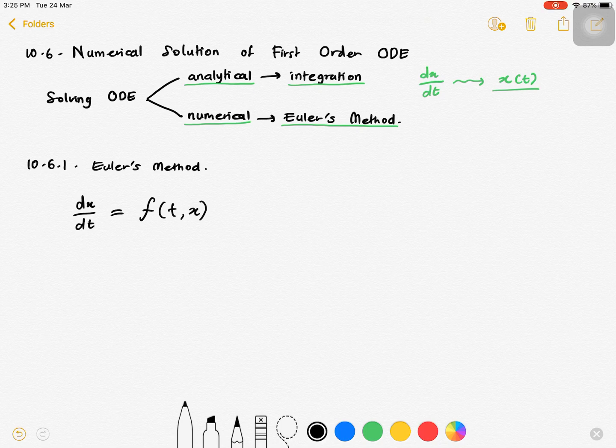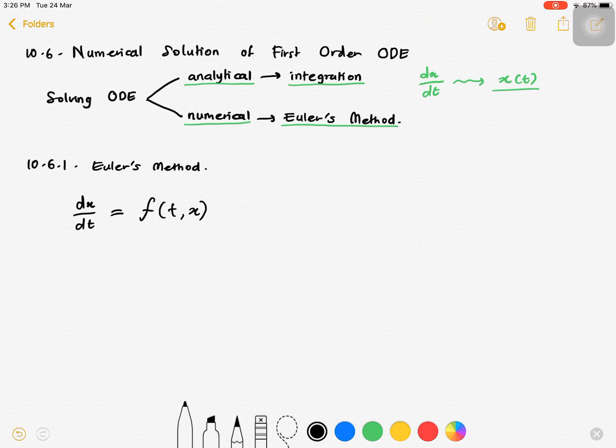It can be any function. It can be x plus t, it can be x squared plus t squared, and so on. So when we put the value of t and x, we will have the gradient dx/dt. So the gradient dx/dt is the gradient of the curve of x in terms of t.